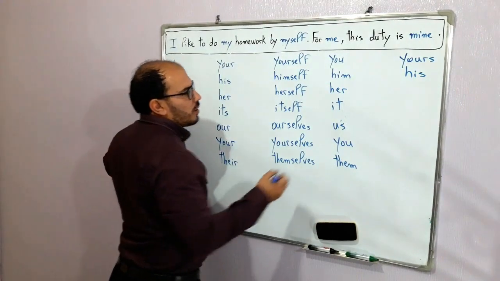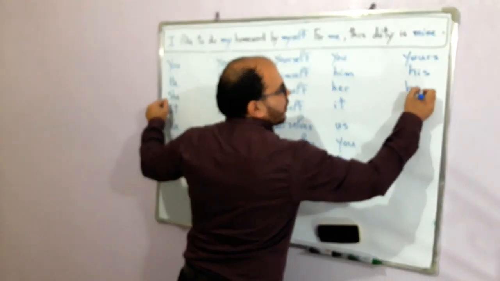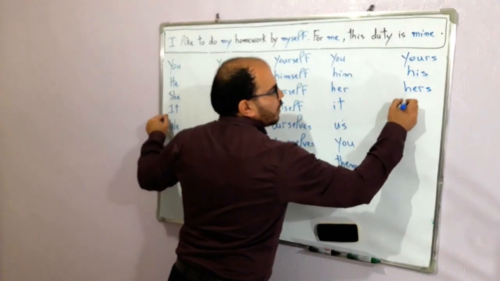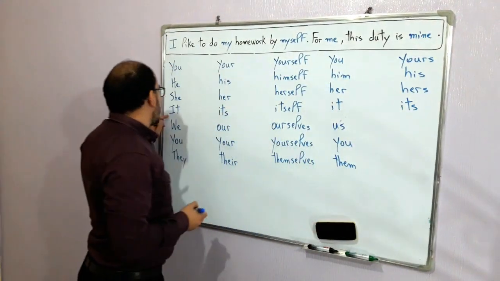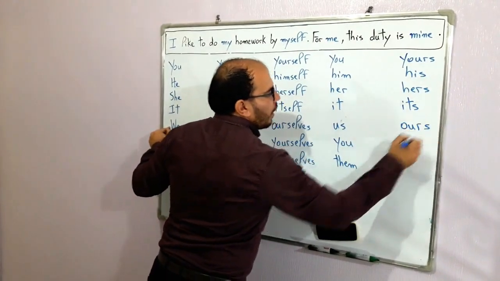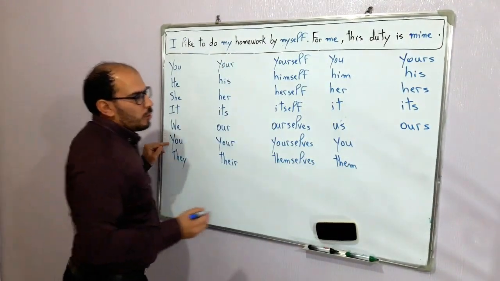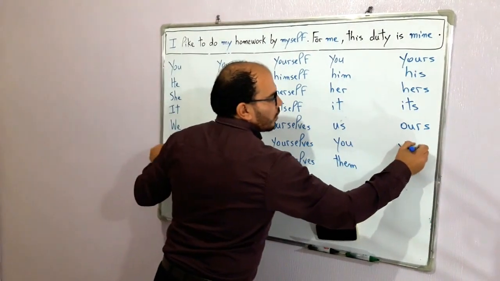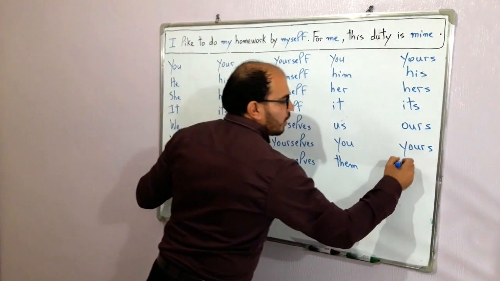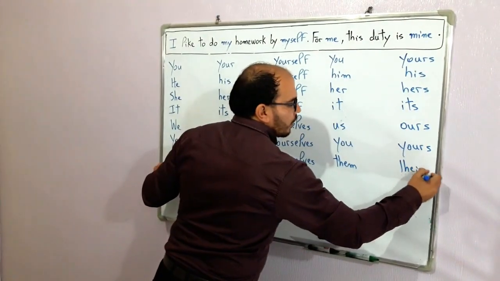If I have she, so this duty is hers. If I have it, so this duty is its. If I have we, so this duty is ours. If I have you, so this duty is yours. And if I have they, so this duty is theirs.